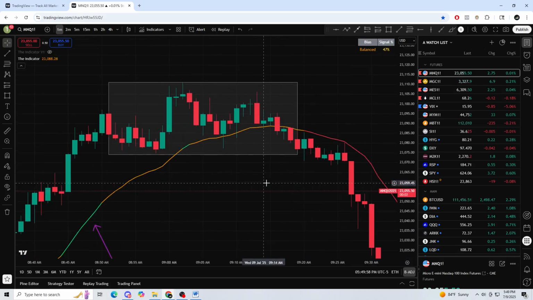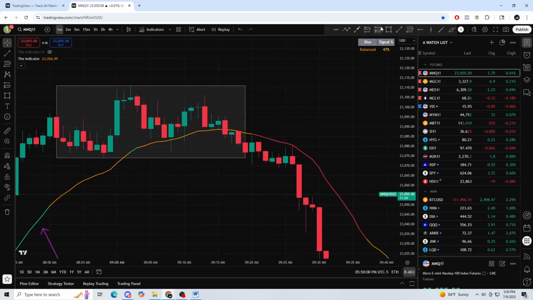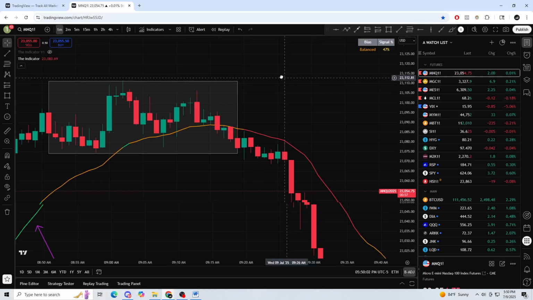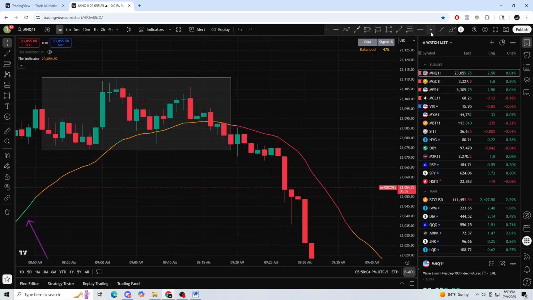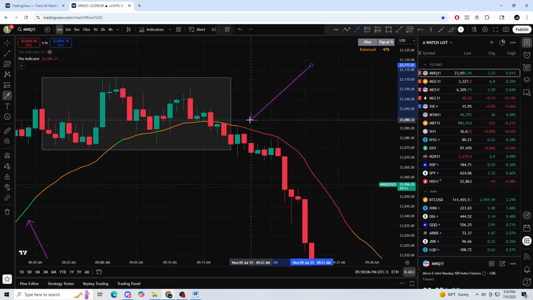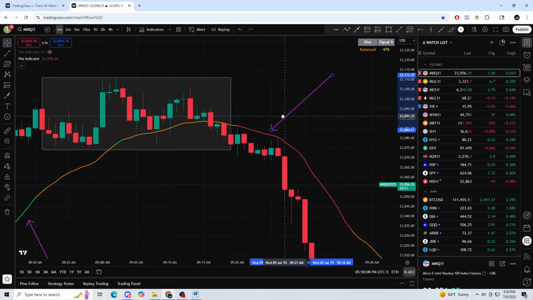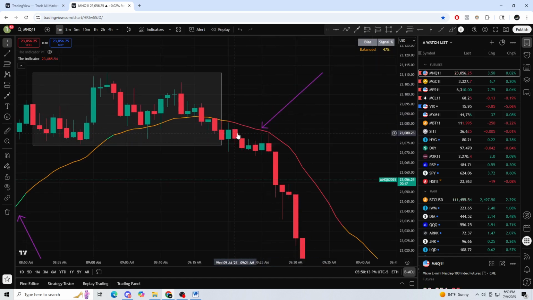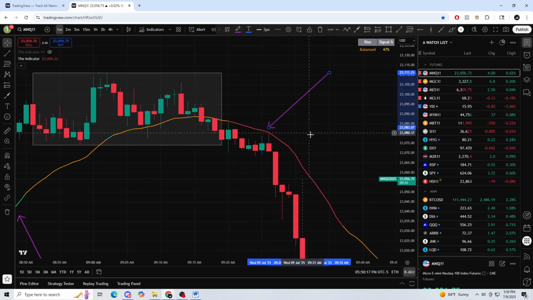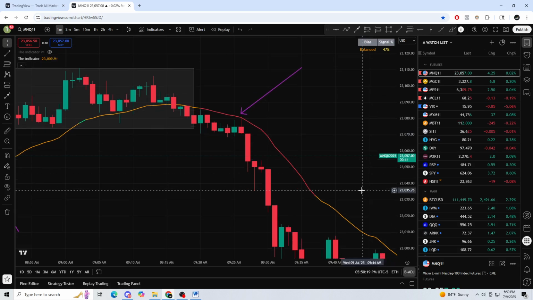And then right when the market started to show weakness, our bias line here turned red, or bearish. And for 1, 2, 3, 4, 5, 6 minutes we had a bias signal before a massive flush.